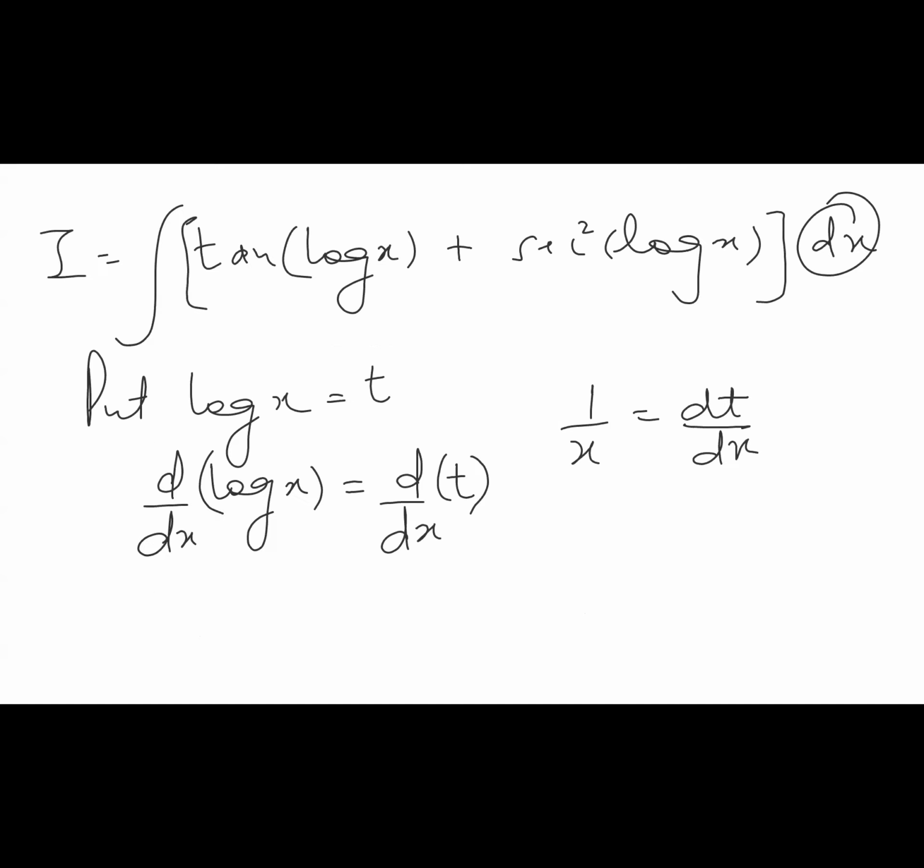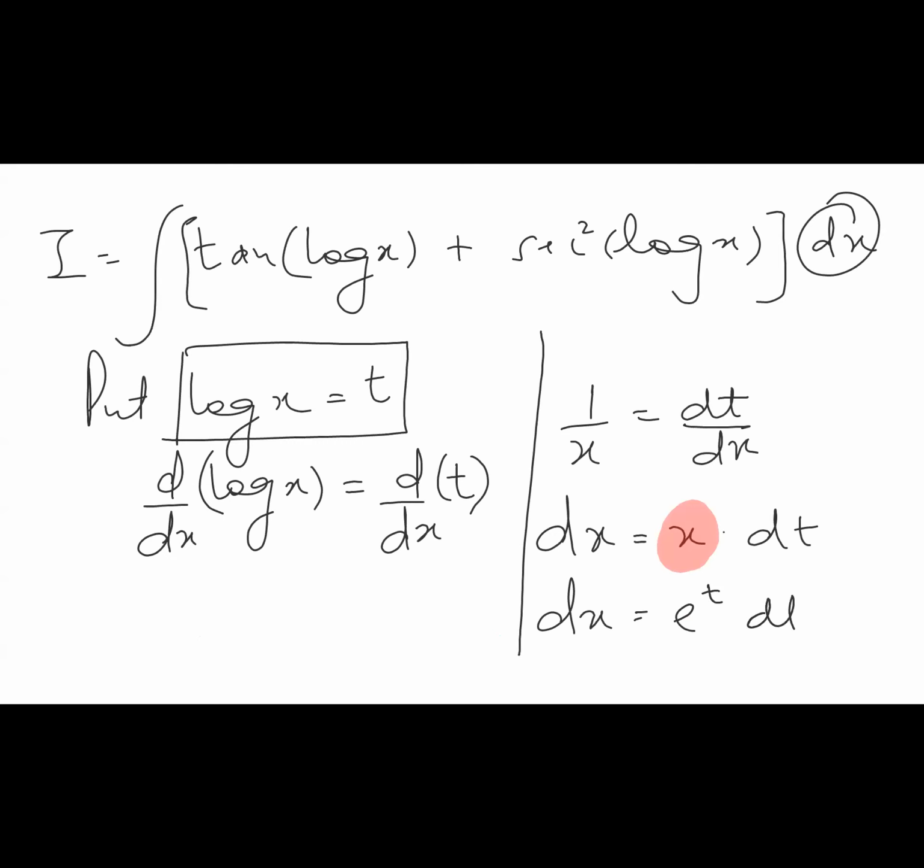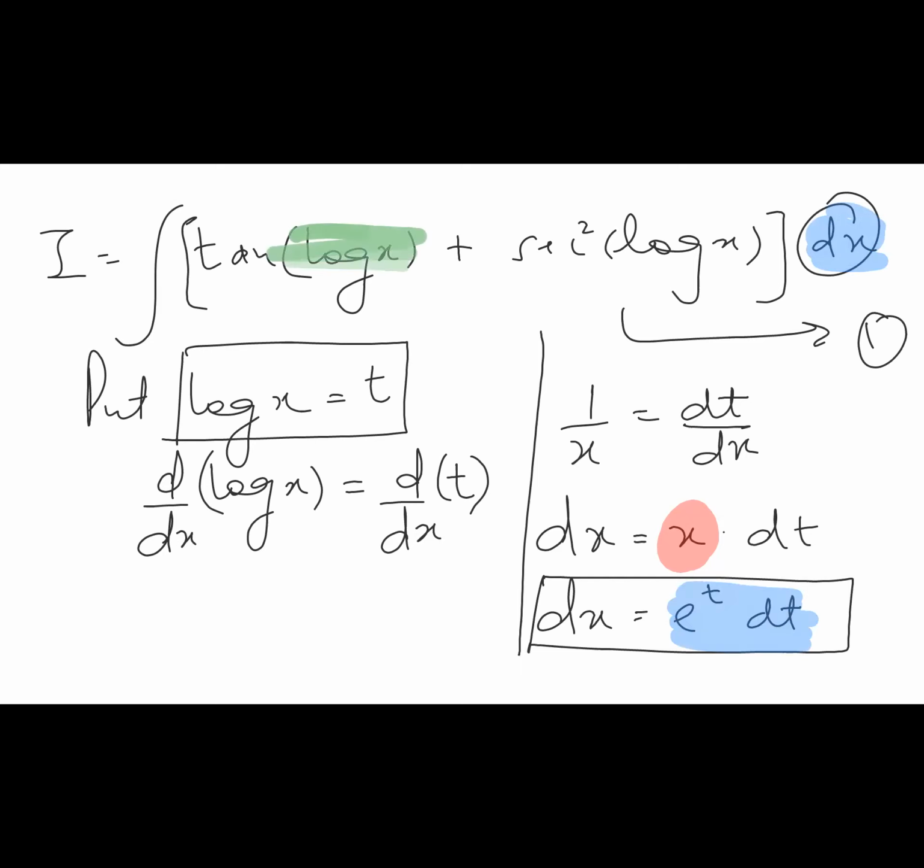So here also I'll apply e raised to t dt. Let this be equation number 1. Wherever you are seeing dx, you'll write e raised to t dt. Log x will be written as t.